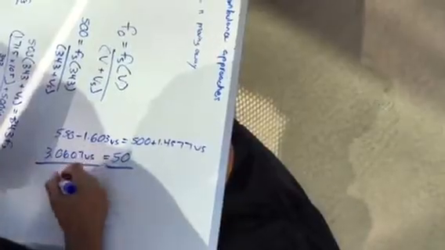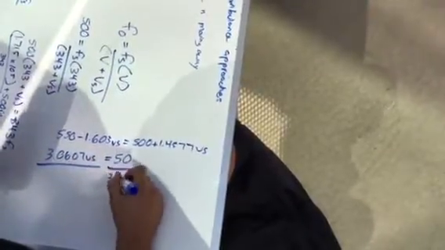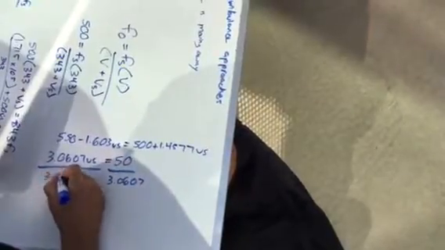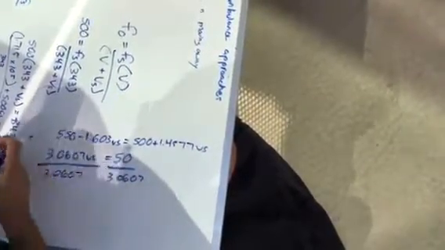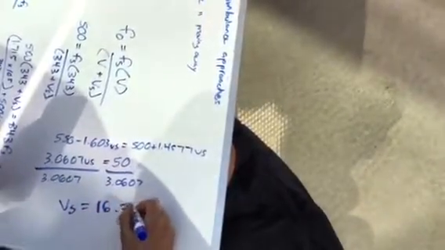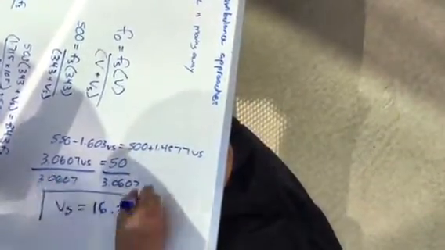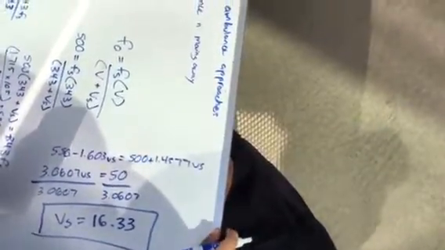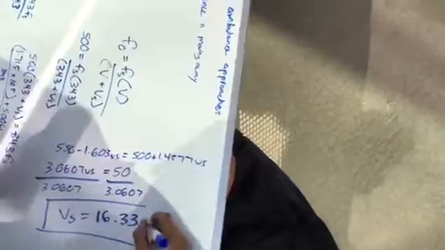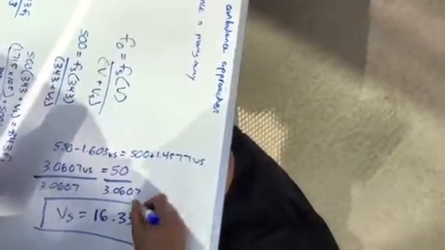And then we're going to divide by 3.0607 on both sides to get your Vs. And the answer is, there you go. And that is going to be in meters per second because we're using velocity.